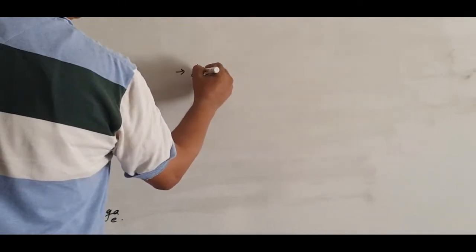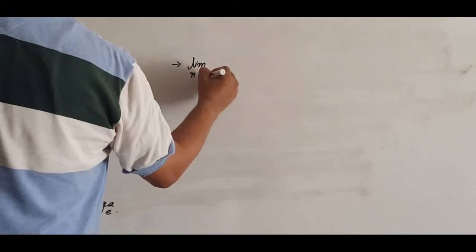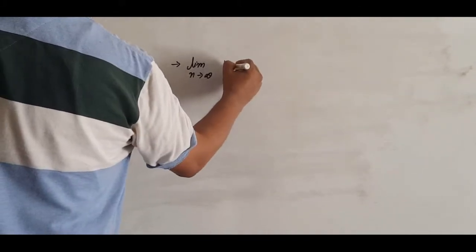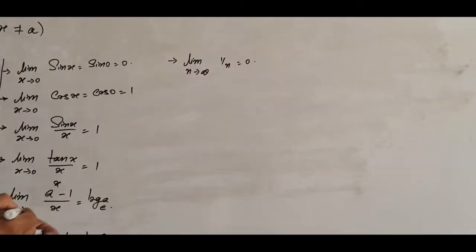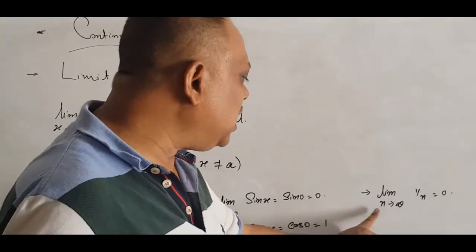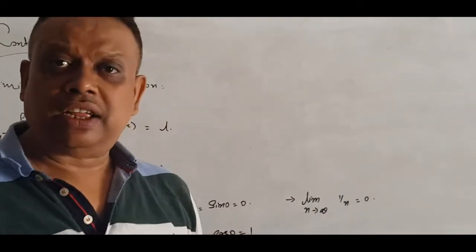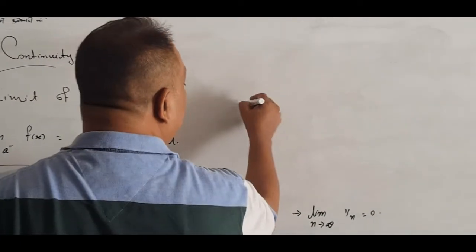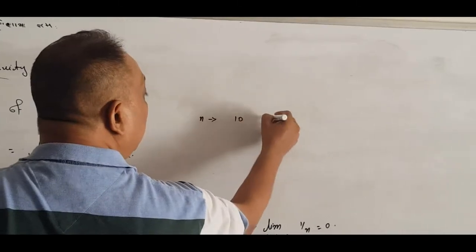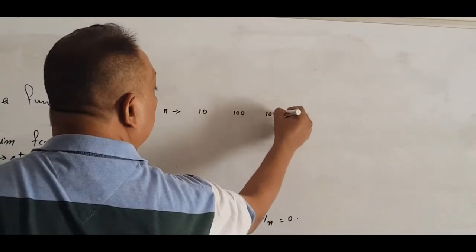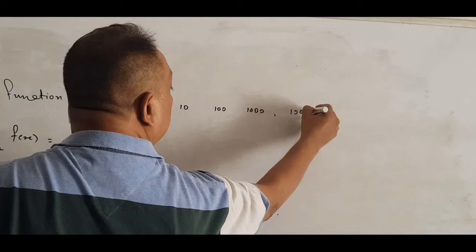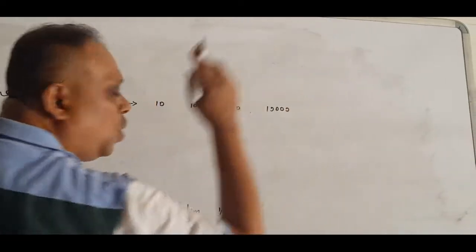For infinity, limit of n tends to infinity, 1 upon n is 0. Just think, this is a new point for you people. n tends to infinity means we take the value of n as 10, 100, 1000, 10,000, 1 lakh, and so on.